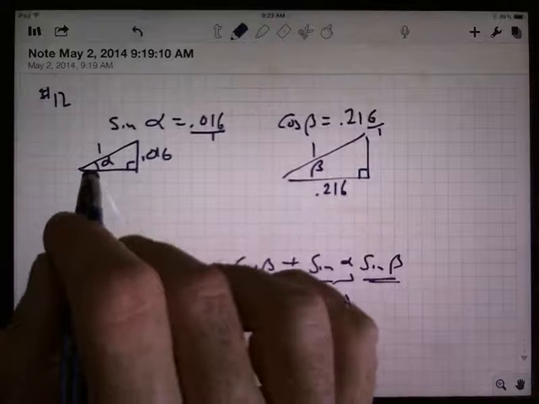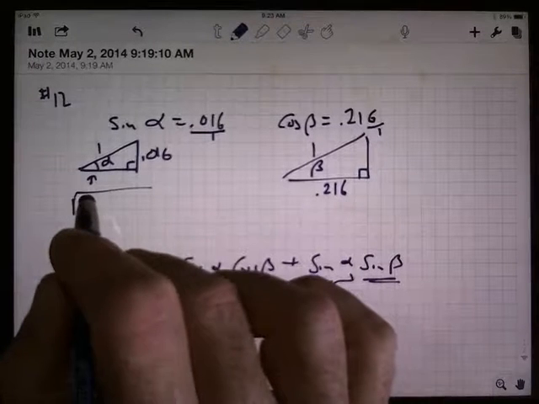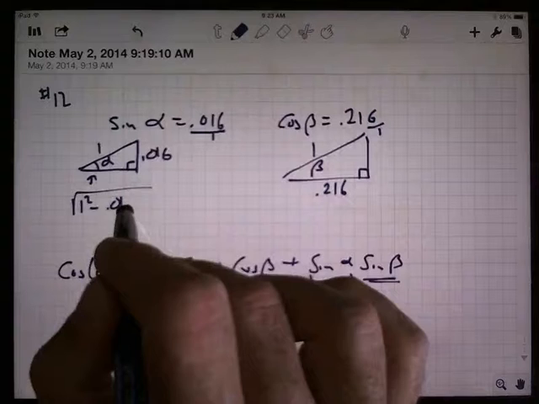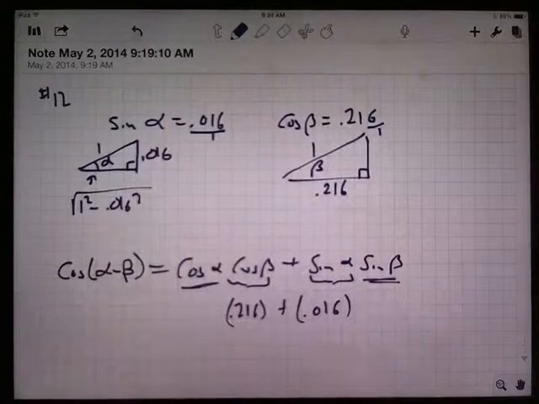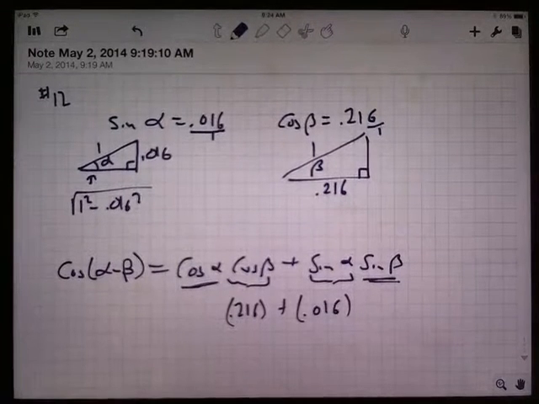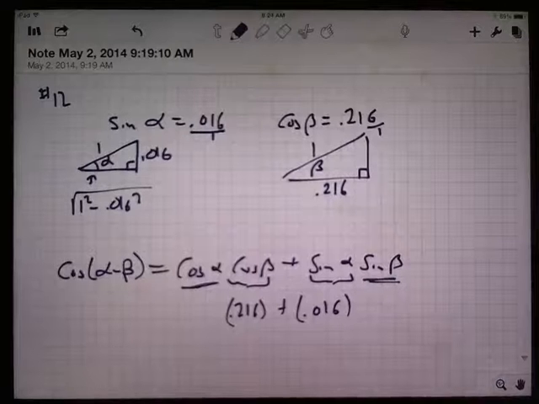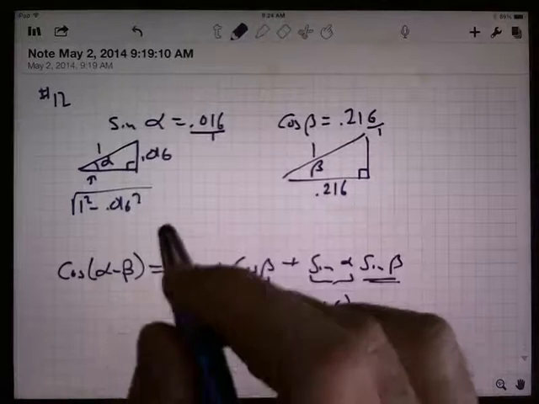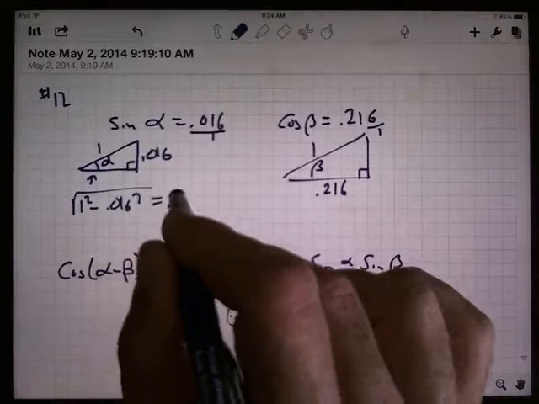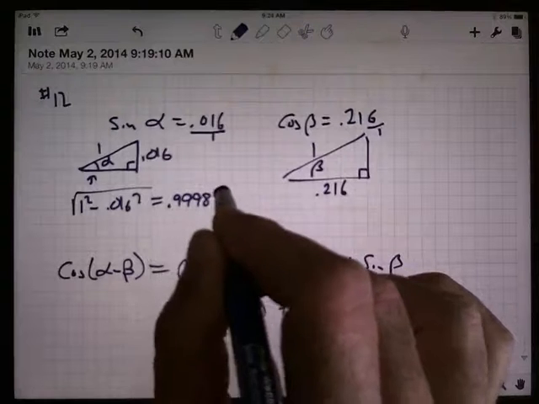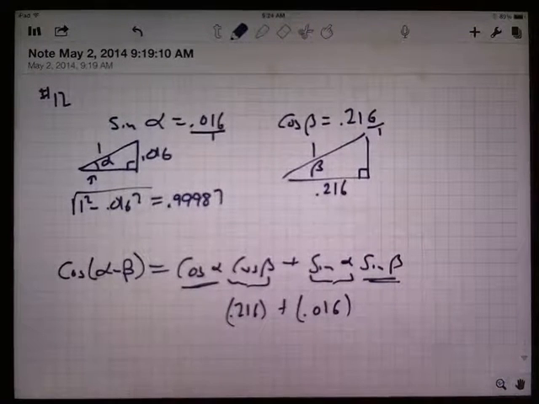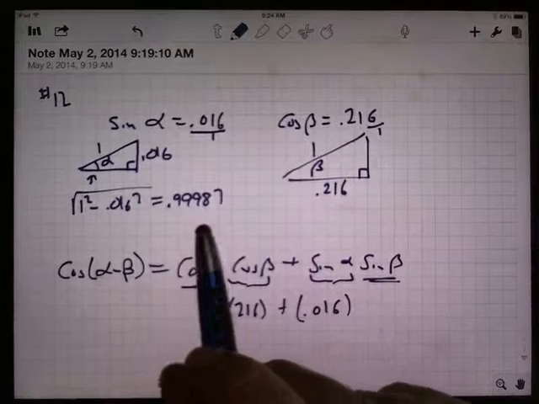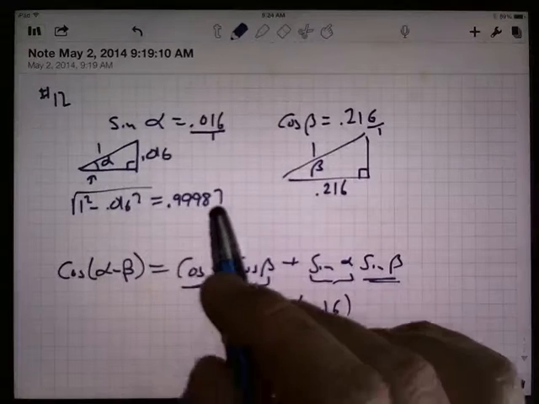Over here, this side is the square root of 1 squared minus 0.016 squared. If I break out my calculator, I get 0.99987. I'm not going to round it until the end if I can avoid it.